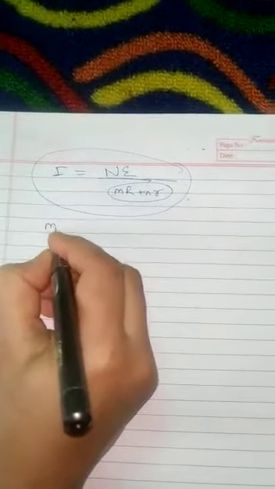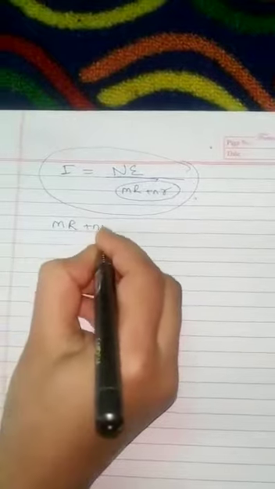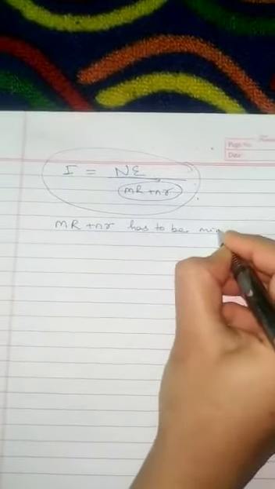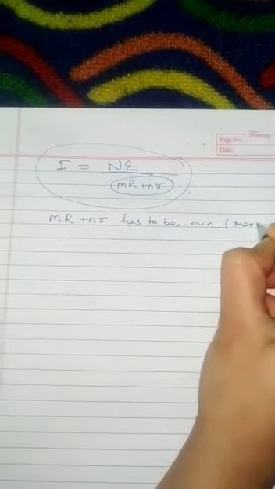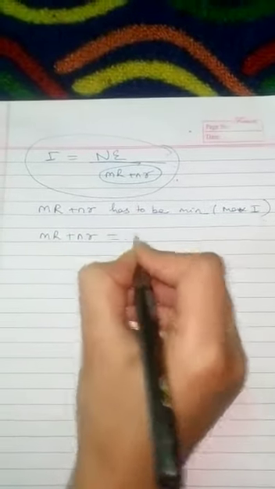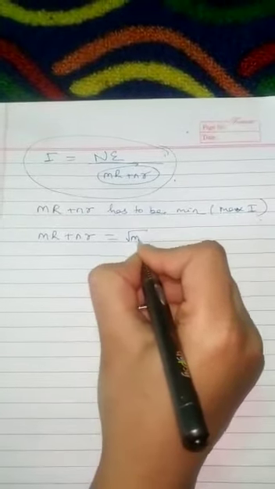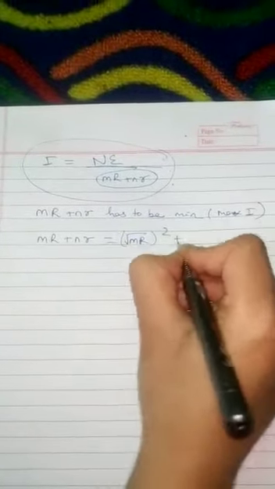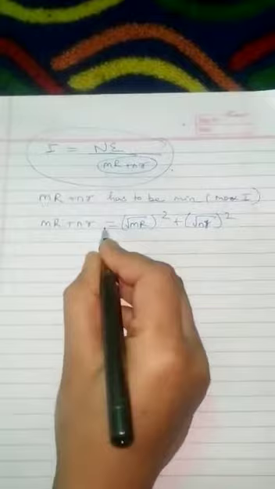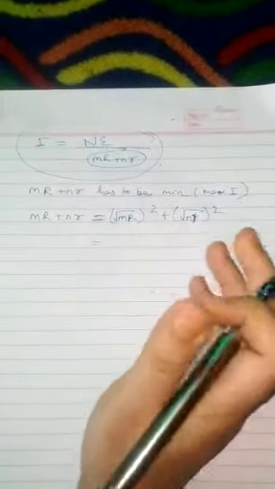So for drawing maximum current, your MR plus NR has to be minimum. We can write this MR plus NR as under root MR whole square plus under root NR whole square. I am trying to bring this in terms of a perfect square.